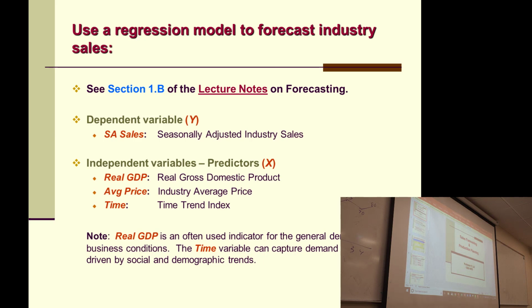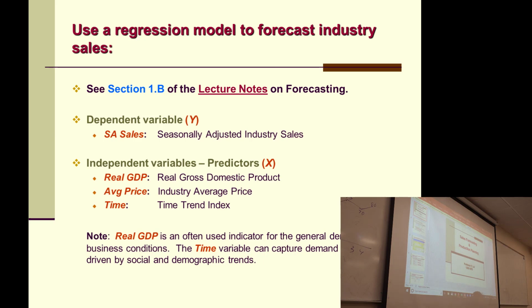We're also going to consider how much people are charging for the product that they're selling. There are 5 or 6 companies in each world, and each company sets their own price. So we're going to look at how much the price is going to affect the forecast. And we're going to look at how much your customers have the ability and the desire to purchase products.